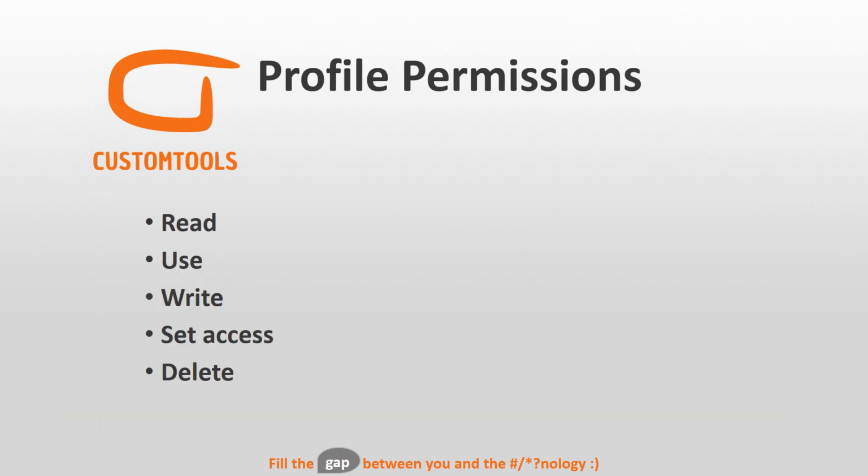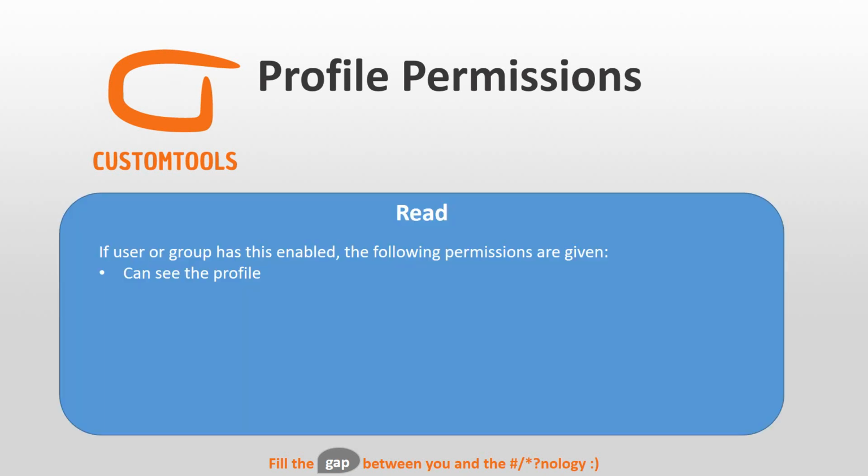Then we have some profile permissions, and these are pretty basic. It's read, use, write, set access, and delete. If a user has read, then he or she can see the profile. If the user has use, then he or she can use the profile and modify their own user settings in the options. Write will allow you to modify most options in the profile.